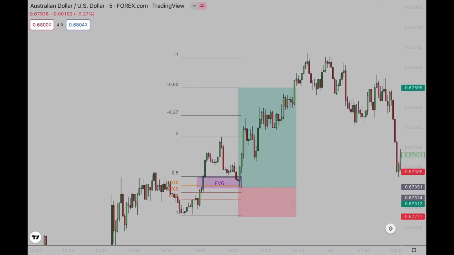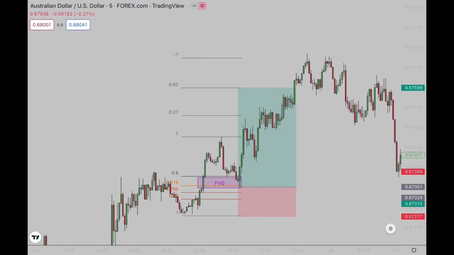So how does this optimal trade entry Fibonacci work? When you first see a displacement created or a range, you want to draw out this Fibonacci, and the level that you want to be entering on is the 0.618 level.